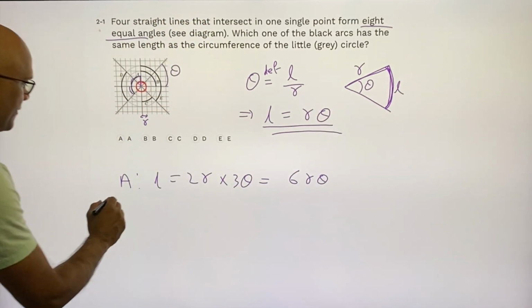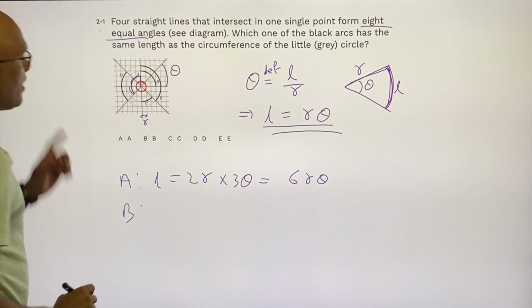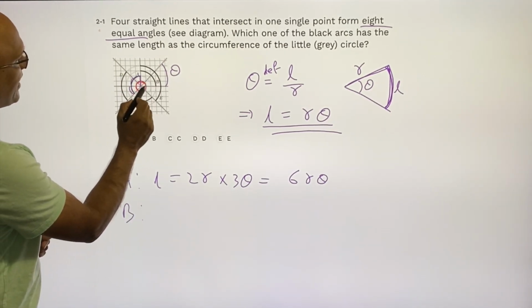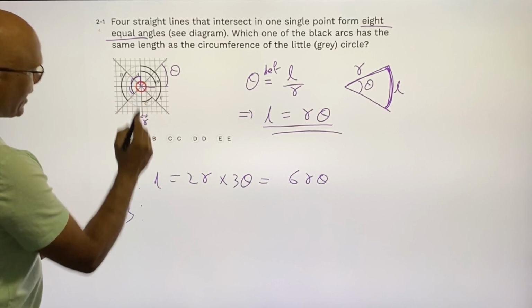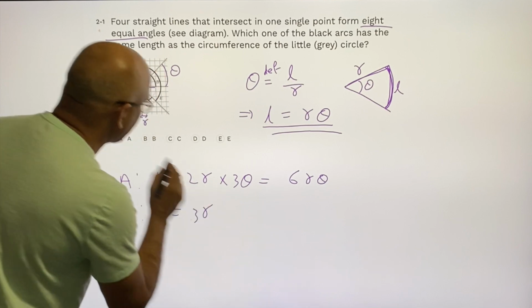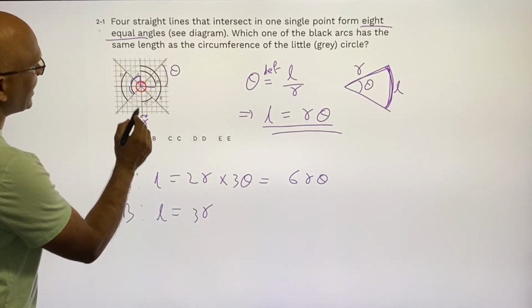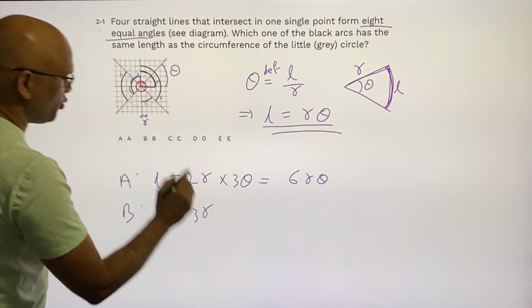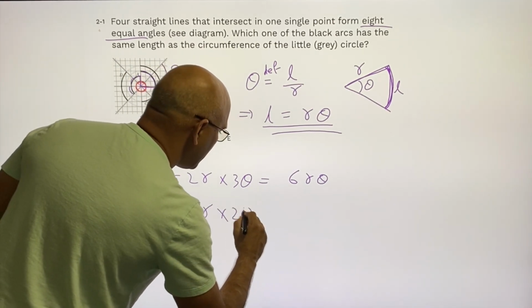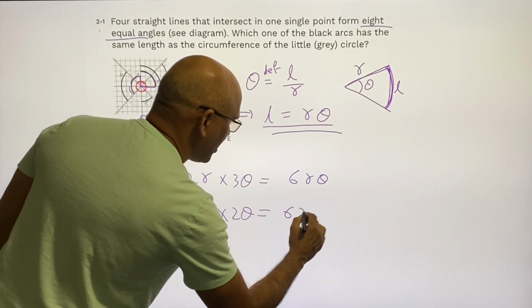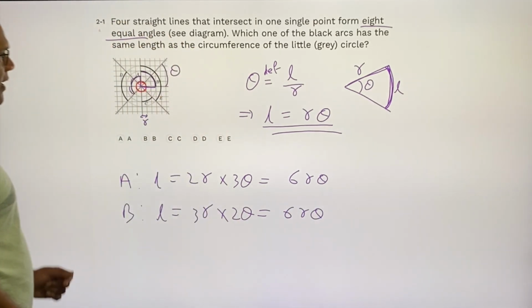So for B, B has a radius of 1, 2, 3 again. So L is equal to 3R. If one small unit is R, then this is 3 times R, and theta is 1 and 2 theta, so 2 theta. 3 times 2 is 6R theta.